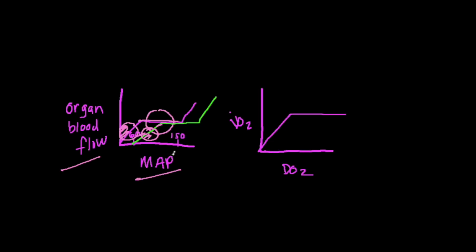The other relationship that's very important is the relationship between oxygen consumption and oxygen delivery, or so-called the supply-demand relationship, VO2 and DO2. As you know, oxygen delivery has two components. One is the content of arterial oxygen, and the other is cardiac output.